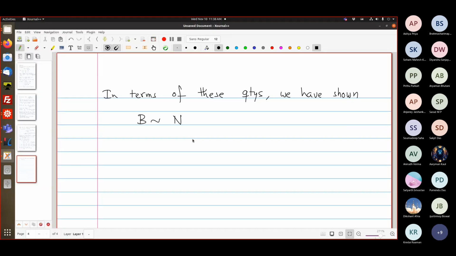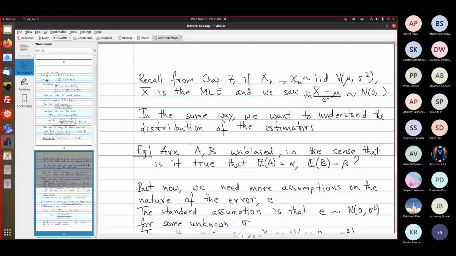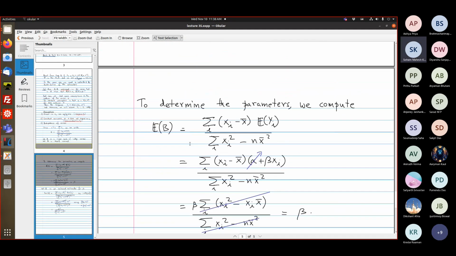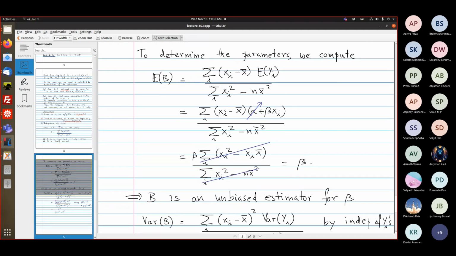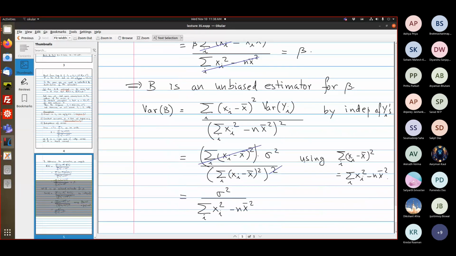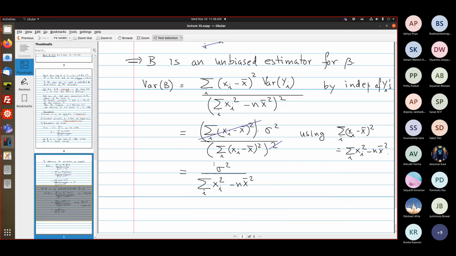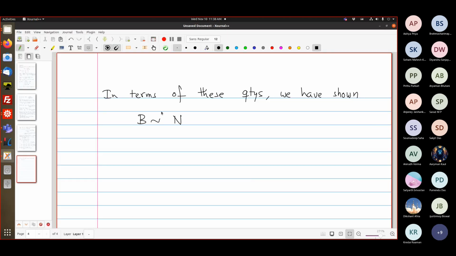What was its expectation? Beta. Yes, exactly. And the variance is sigma squared divided by Sxx. So B is a normal random variable with mean beta and variance sigma squared by Sxx.